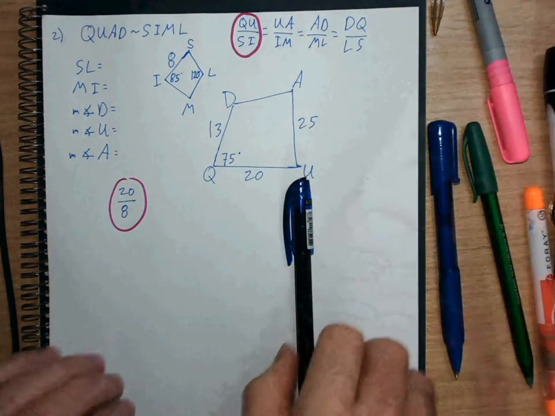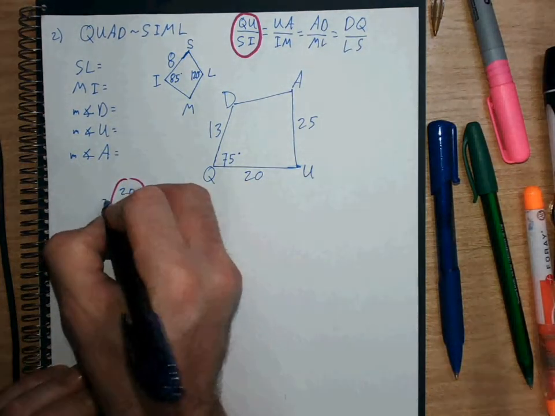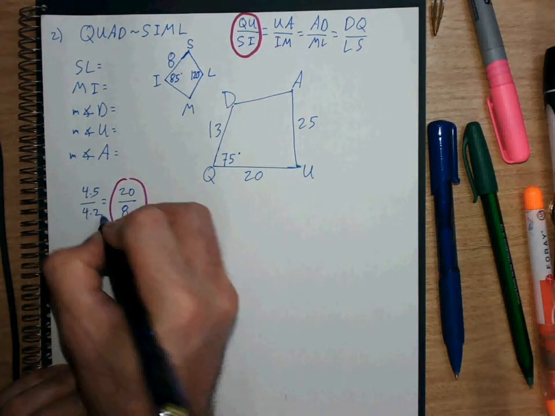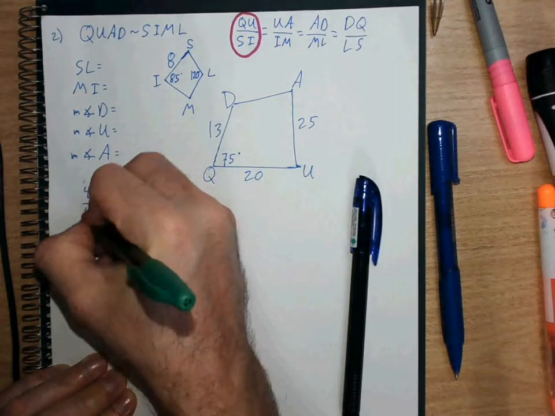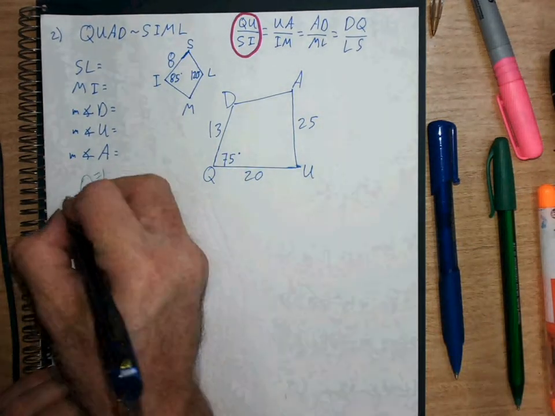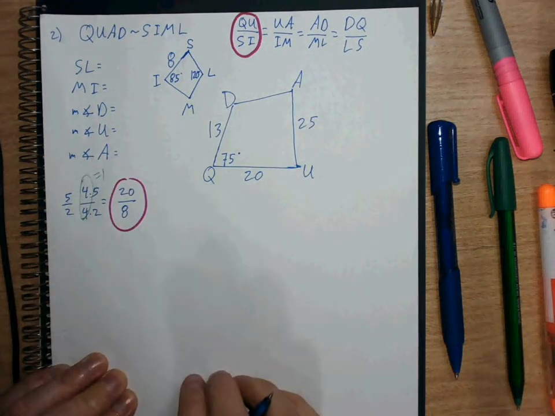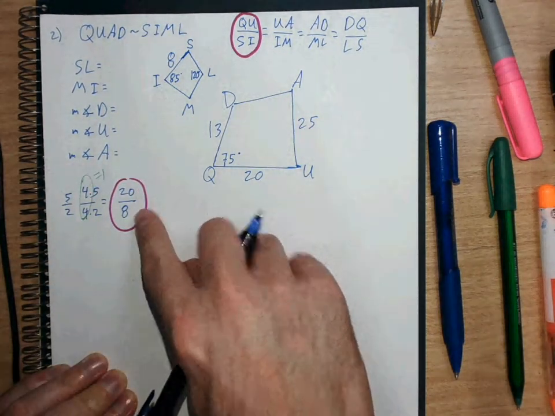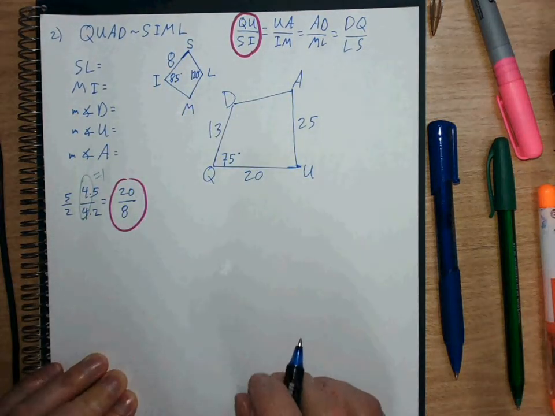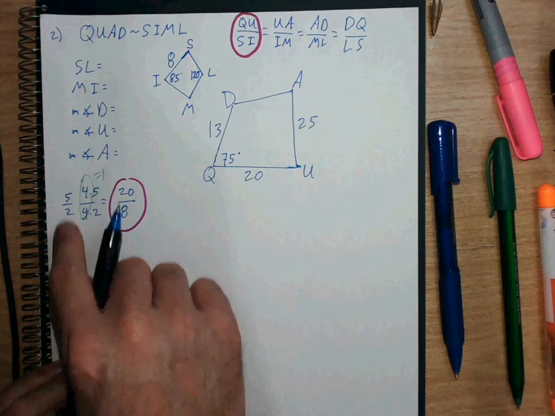Now we could simplify that if we wanted to, right? That's the same as 4 times 5 over 4 times 2, and 4 over 4 is equal to 1, so that's 5 over 2. Okay, so that's the ratio between the bigger one and the smaller one, is 5 to 2. Alright, so I'm going to use 5 to 2 there.